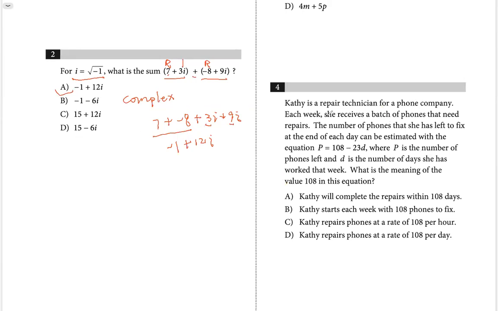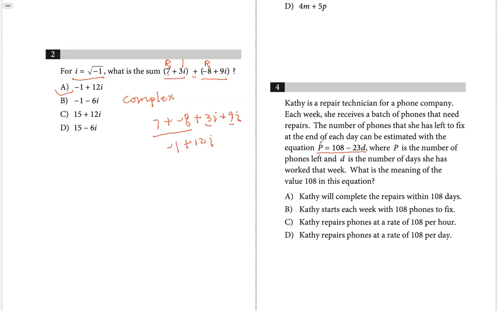Now let's see number 4. Kathy is a repair technician for a phone company. Each week she receives a batch of phones that need repairs. The number of phones that she has left to fix at the end of each day can be estimated with an equation or function, right?